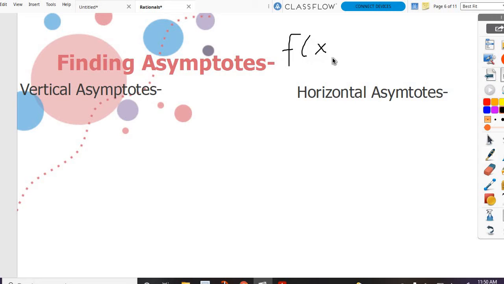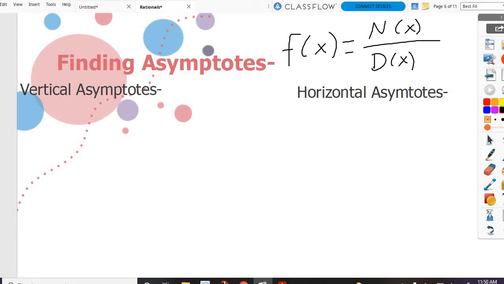So if I have f of x equals n of x divided by d of x, when we looked at our first example, we said that 0 was what it wasn't allowed to equal, and at the end, we said that x equals 0 would have been our vertical asymptote.